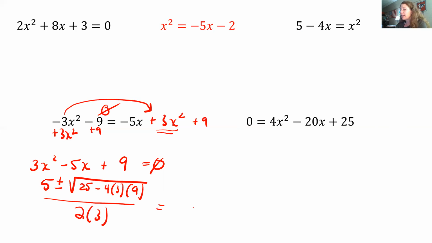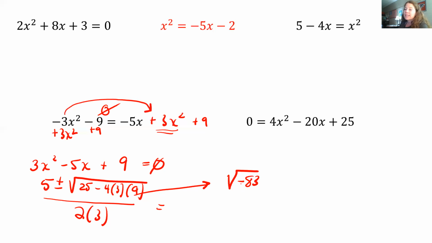All right, so in my calculator, I am typing 25 minus 4 times 3 times 9. And guess what I get? I get -83.